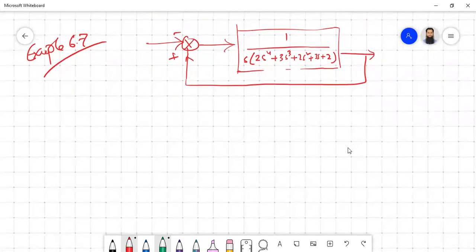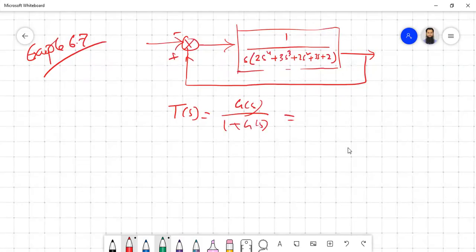So we're going to write the equation directly. Only this one will be added with that one if we find out G(s) by 1 plus G(s). So it will give us something like this: 1 by 2 s to the power 5 plus 3s to the power 4 plus 2s cubed plus 3s squared plus 2s plus 1.